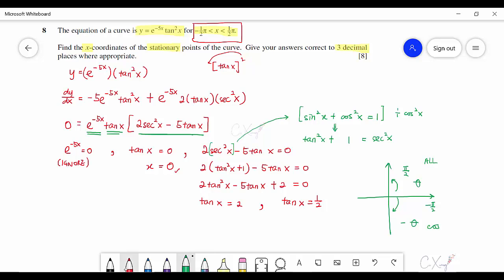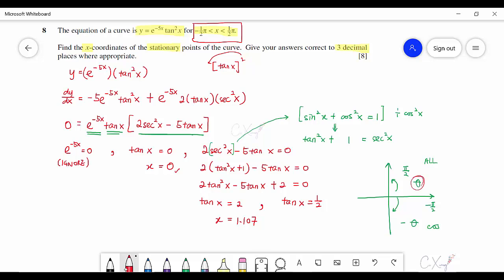Okay, now let us continue with our solution here. To get x, you need to get tangent inverse 2. When you get tangent inverse 2, the answer that you will get is 1.107, which is the basic angle in the first quadrant.